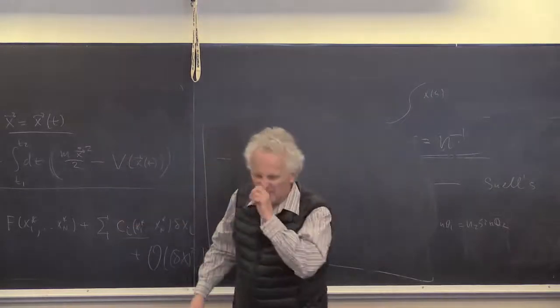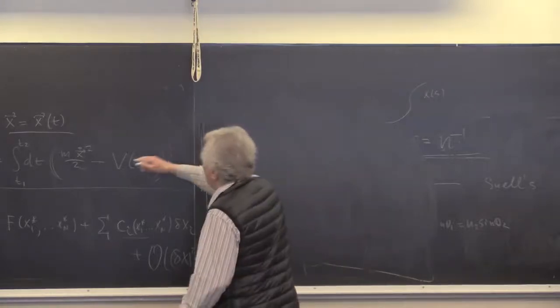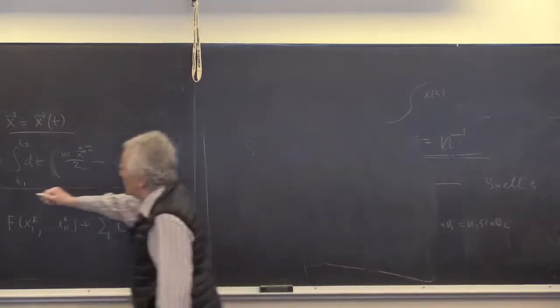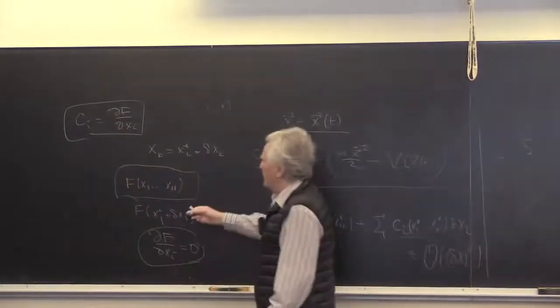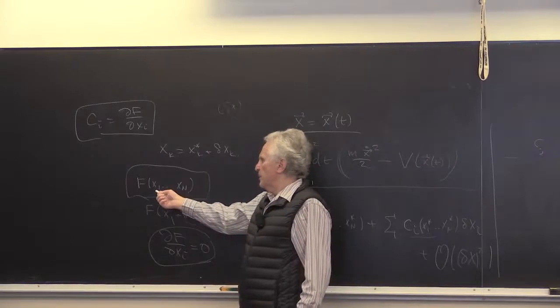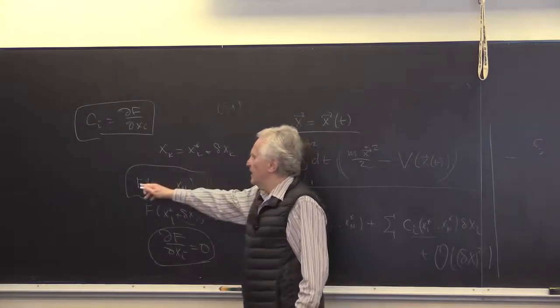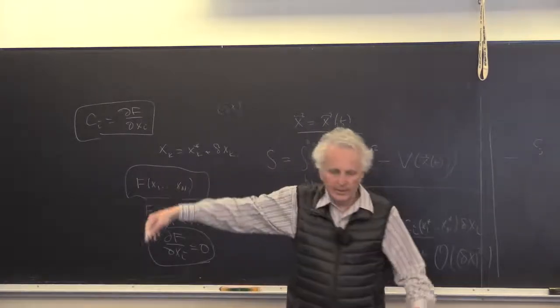Let me explain this. The object we introduce here, this object is a function, and it simply tells you, when you have n variables fixed, it is a prescription to get a certain number we call f.